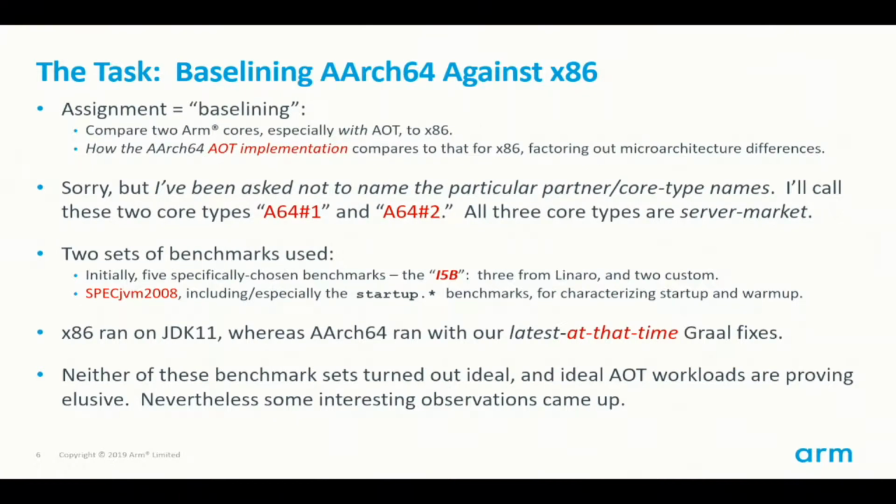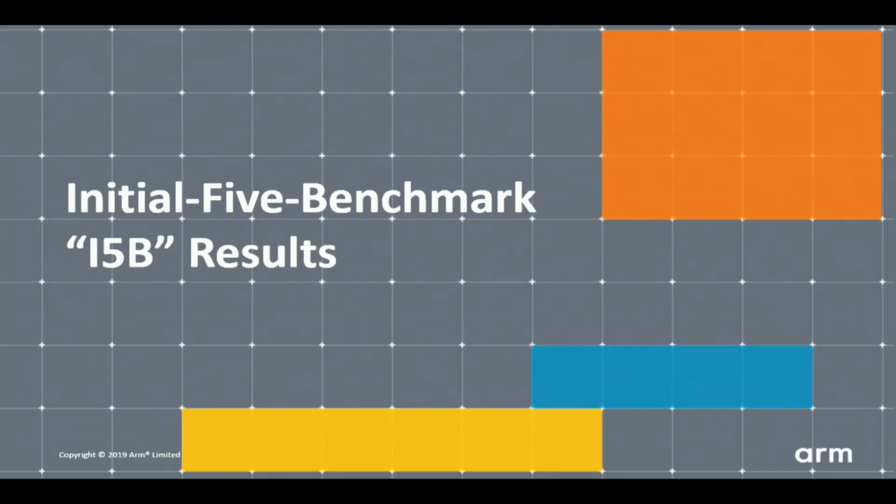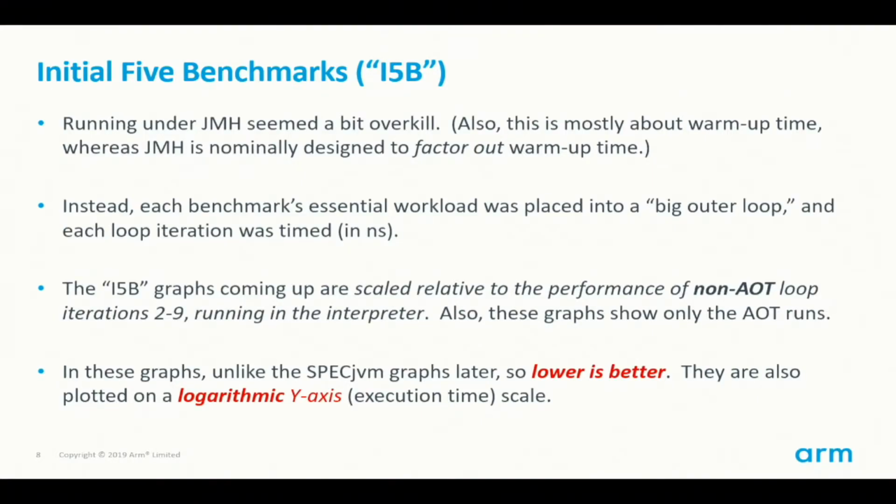And it's important to understand on these how I ran them. So in particular, what I did is I took the basic workload that each of the tests do and put them into a big outer loop, right? And I ran that outer loop, timing the amount of time it took for each outer loop, each iteration of the test to run.